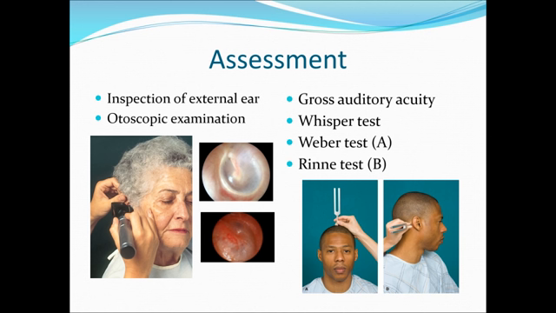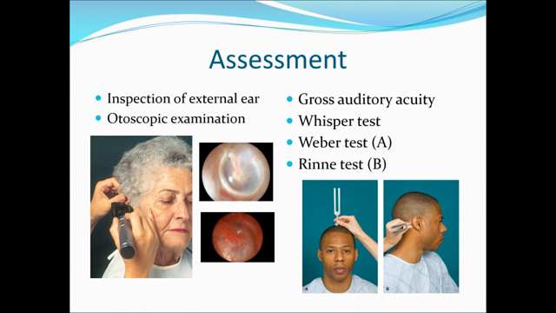Other things of assessment, you can evaluate gross auditory acuity, so just speaking to the patient in a normal tone and volume of voice, and are they able to hear you? You can then go into the whisper test where you're off to the side and you whisper, 1, 2, 3, or whatever, and can they hear you?